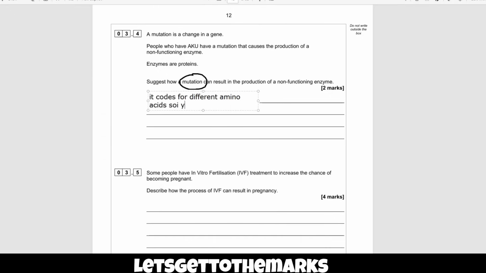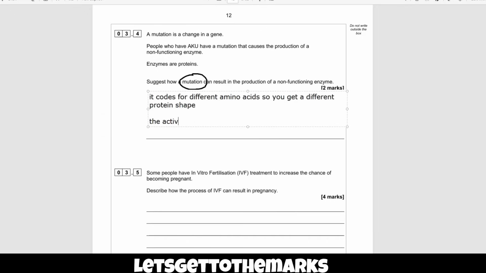So you get a different protein shape. The active site of the enzyme no longer fits with the substrate.